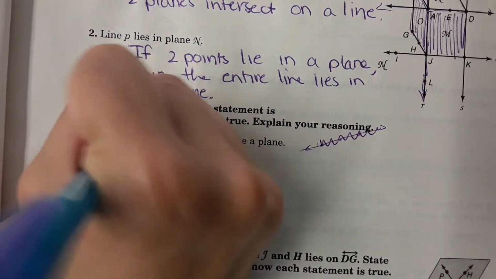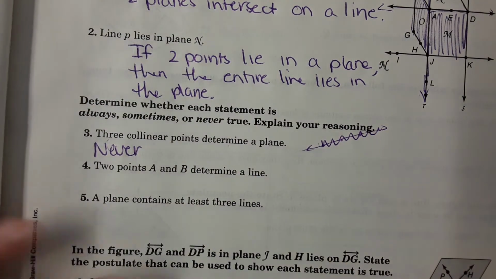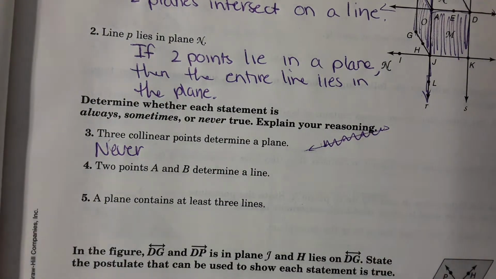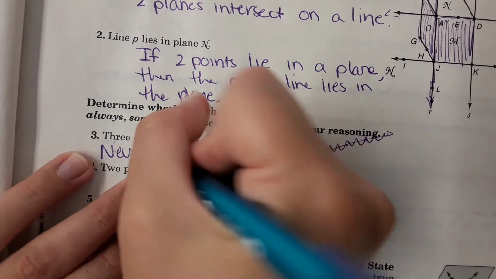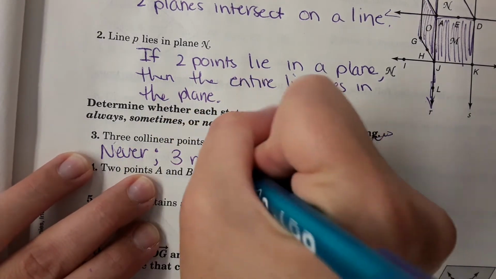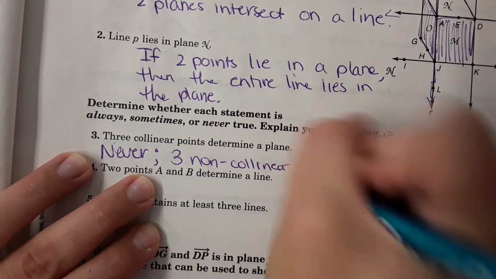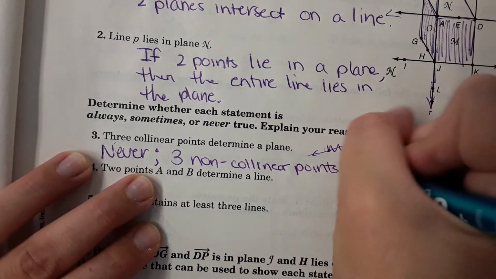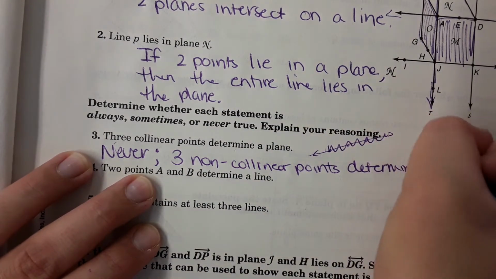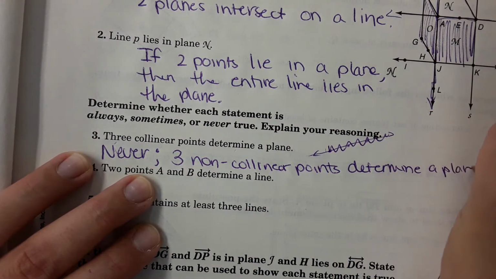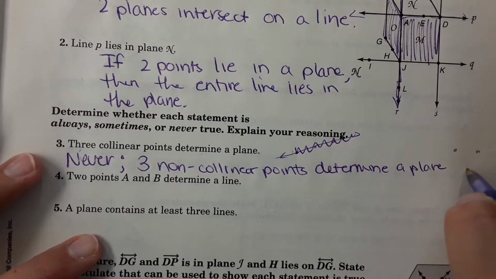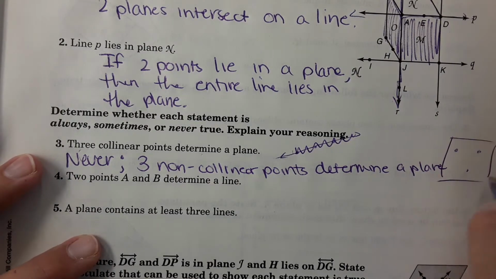So this is never, because 3 non-collinear points determine a plane. So they'd be non-collinear to make a plane.